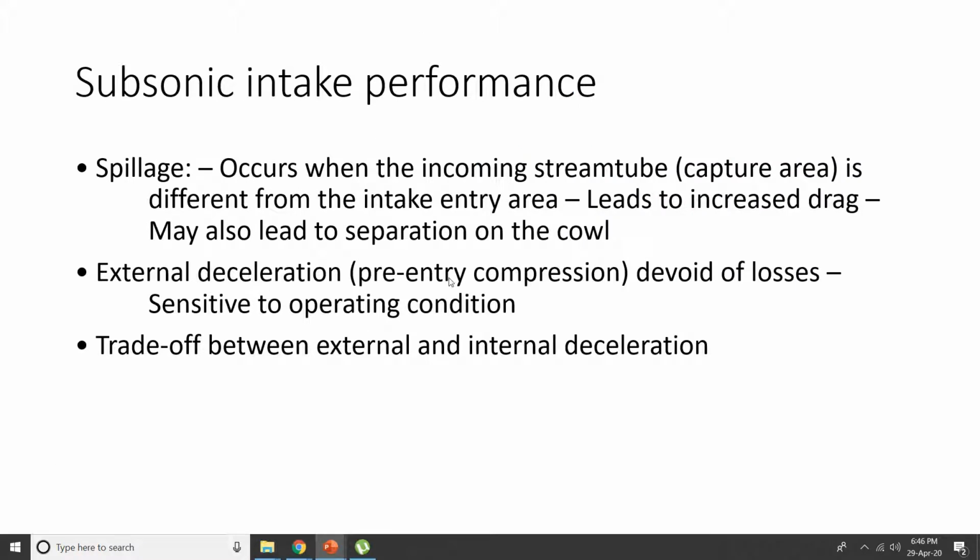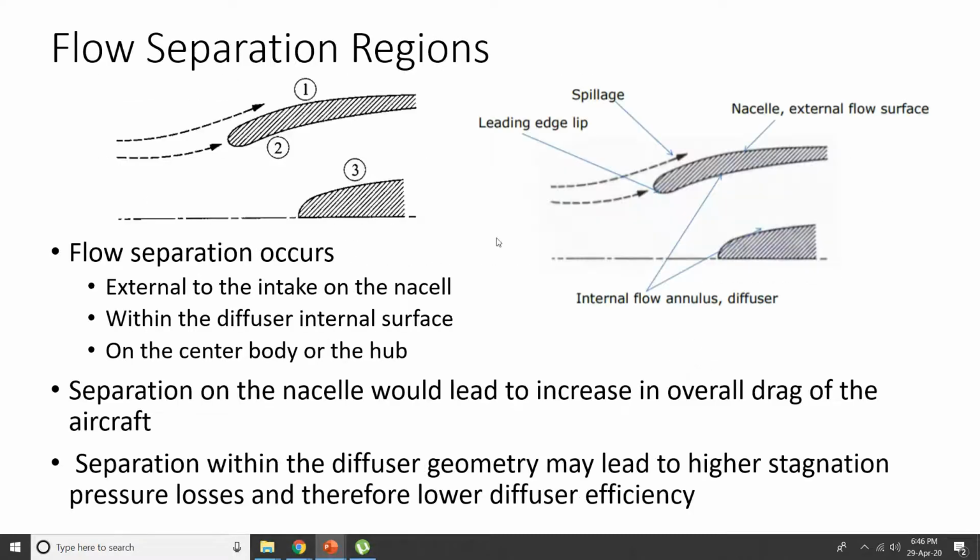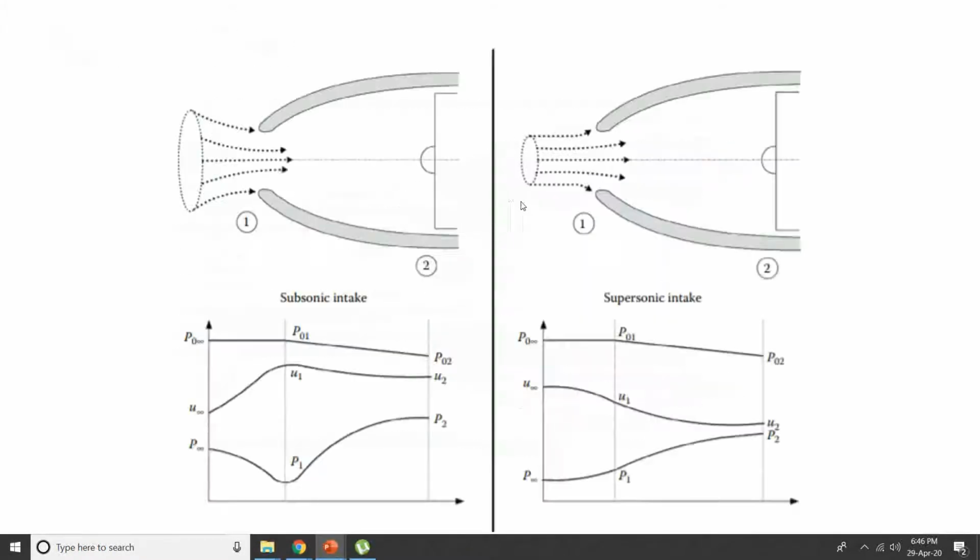So external deceleration, pre-entry compression devoid of losses. The spillage will also influence your pressure recovery. Okay, so your stagnation pressure will reduce by much, and this is a trade-off between external and internal deceleration. So like I said, when you design this, you'll have to keep that in mind.